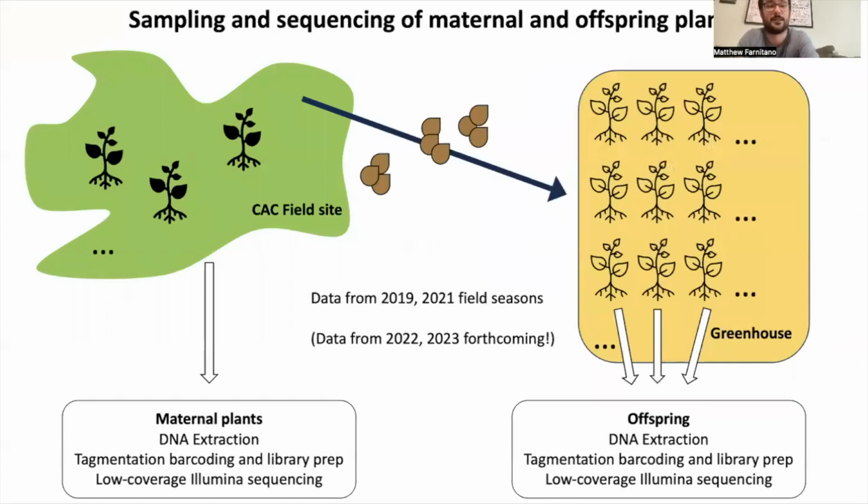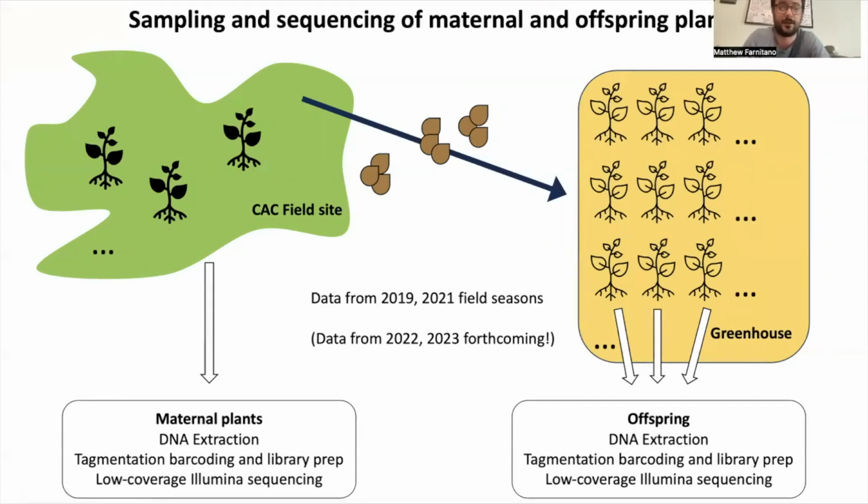So to do this, we took samples from the field of maternal plants, and then we also collected seeds from those same maternal plants, grew those offspring in the greenhouse, and we did DNA extractions and Illumina sequencing for both the maternal plants and the paired offspring samples.